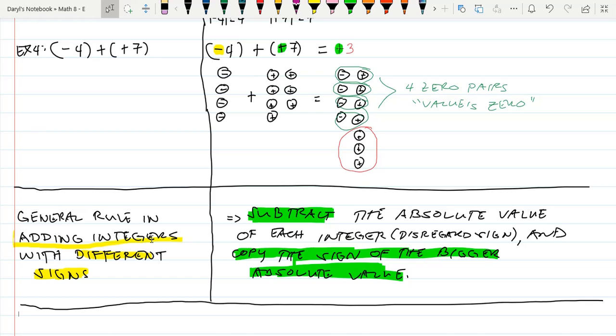If they're of the same sign, the operation is adding the absolute values of the numbers and copying the common sign. But for different signs, you subtract the absolute value of each integer and copy the sign of the bigger absolute value.